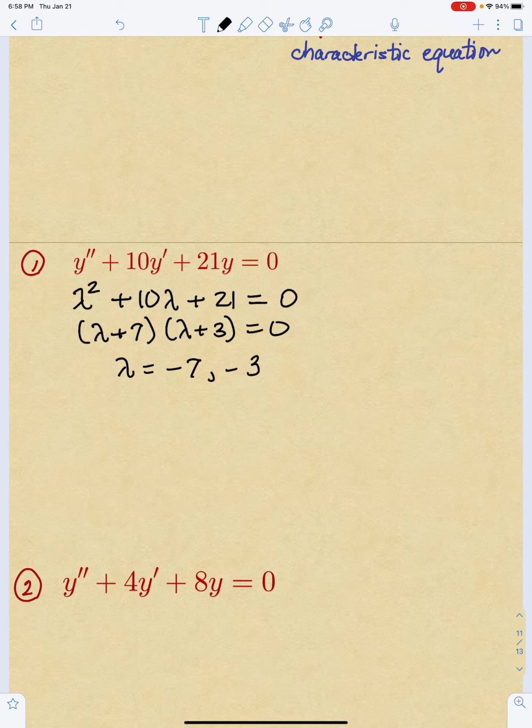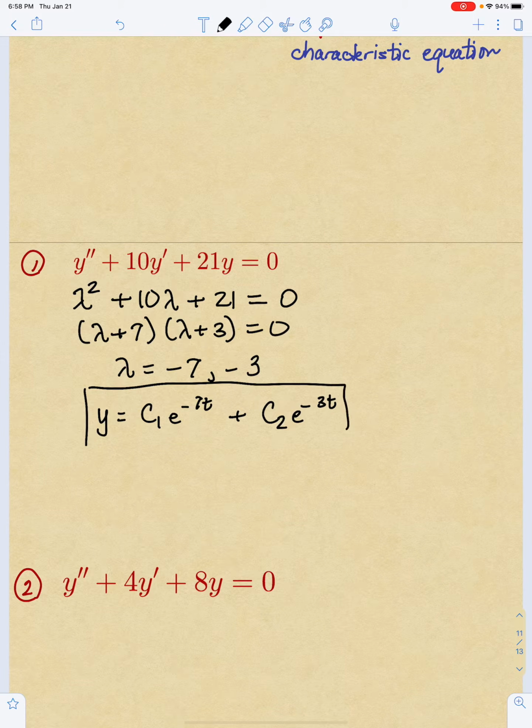So that means that since our assumption was e to the lambda t being the solution, this means that the general solution is c1 e to the -7t plus c2 e to the -3t. And that's all there is to it. So when there's two real solutions, the general solution is quite easy to come up with. So what happens when we have repeated roots or imaginary solutions? Well, that's where we're going to go from here.